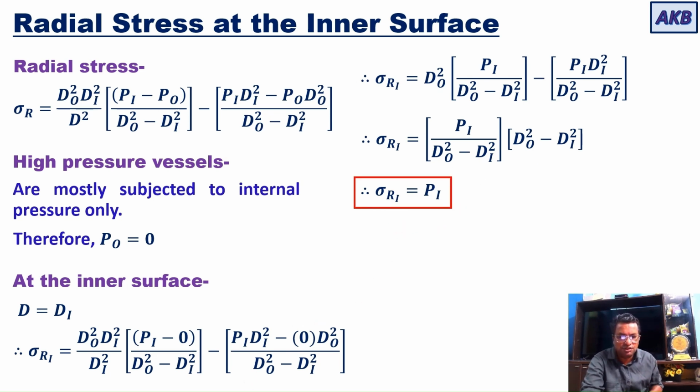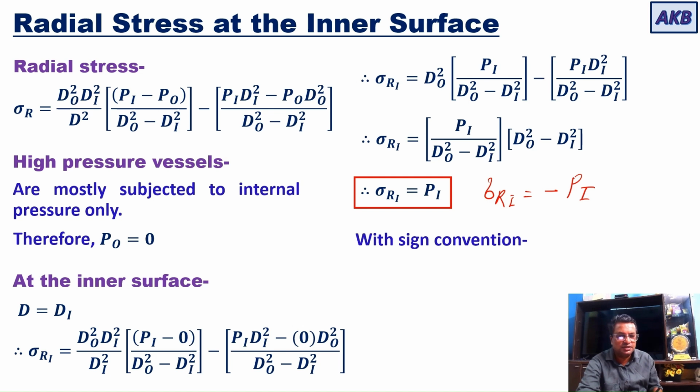And if the sign convention is used, since radial stress is compressive, sigma Ri will be equal to minus Pi, that is equal to the internal pressure, and it will act in the opposite direction of the internal pressure. Okay, with the sign convention you have sigma Ri is equal to minus Pi, as I said over here.